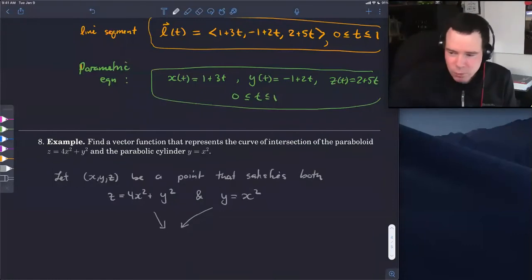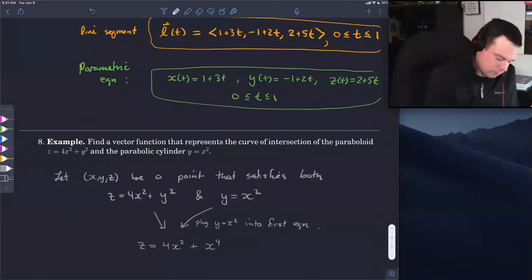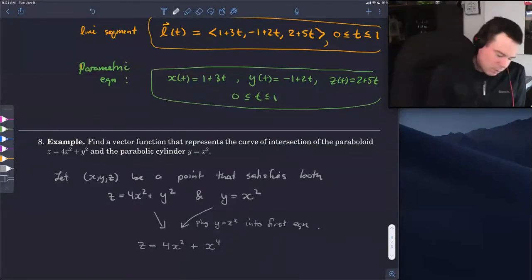So in this case, I have y is equal to x squared. I could take that and plug it into the first equation, and I get 4x squared plus x to the fourth. So I'm plugging y equals x squared into the first equation. And now, what does this tell us?